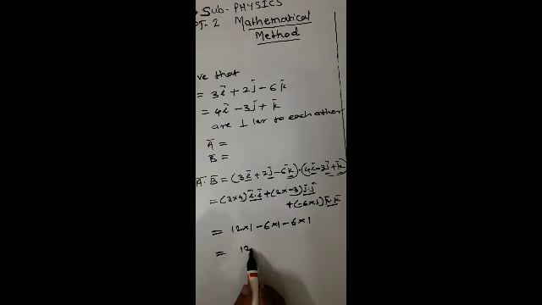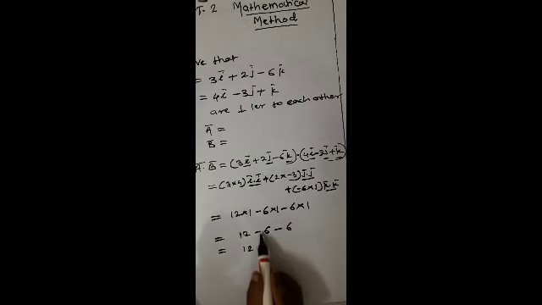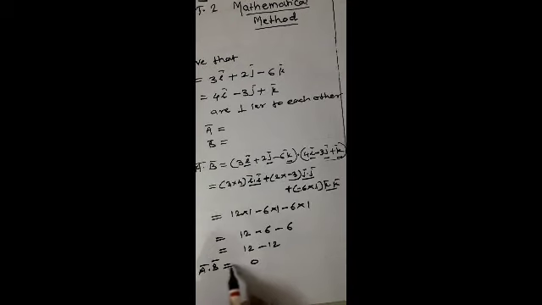Then 12 into 1 is 12, minus 6 and minus 6. 12 minus 6 minus 6 is equal to 0, and this is nothing but a bar dot b bar is equal to 0.